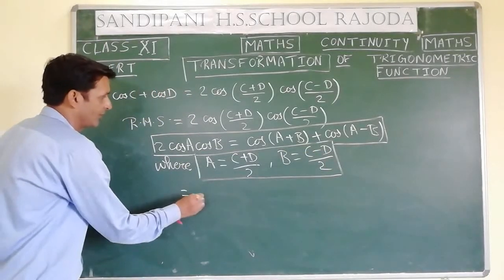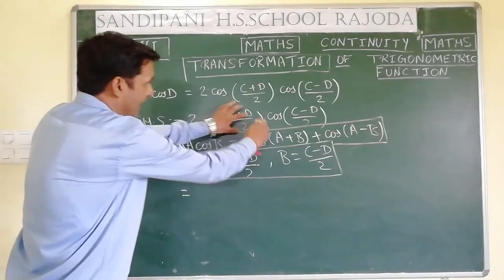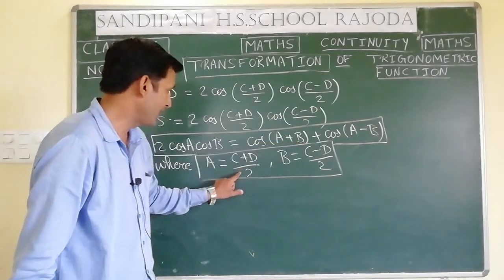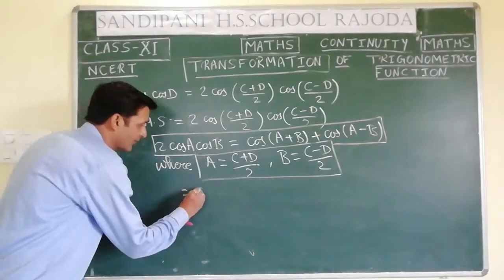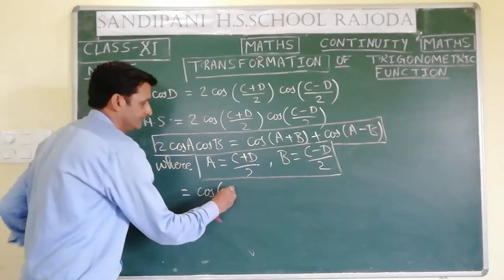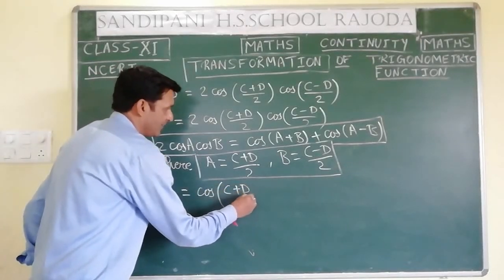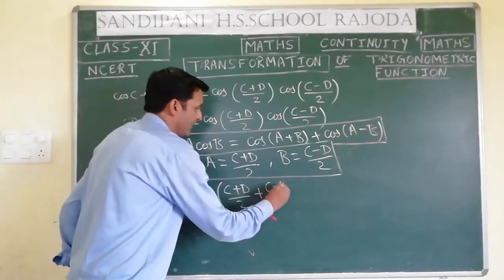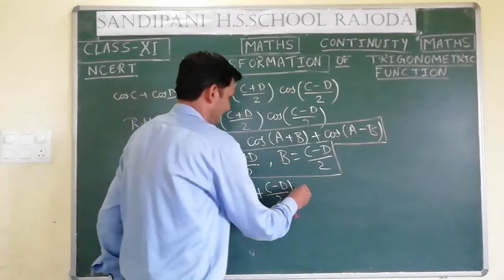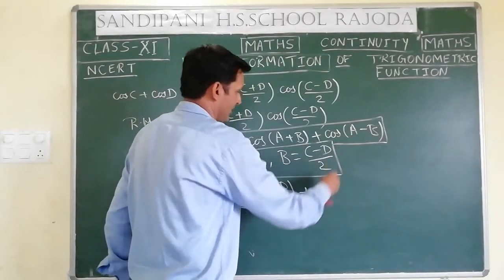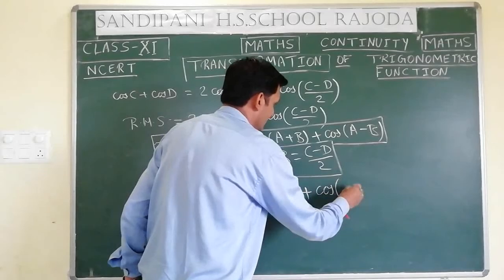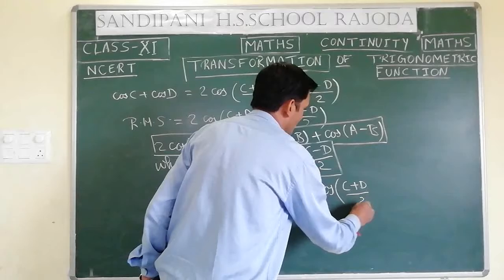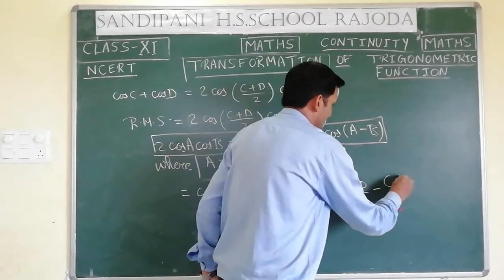So it will be equal to, it is 2 cos A cos B. So now I am replacing this A and B by these values. So it will be equal to cos (C plus D by 2 plus C minus D by 2) plus cos A minus B means cos (C plus D by 2 minus C minus D by 2).